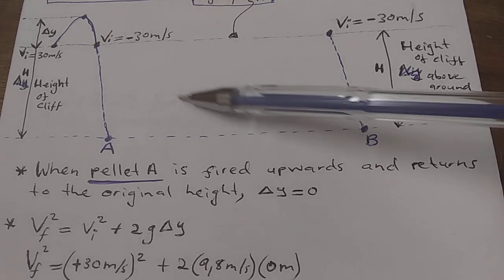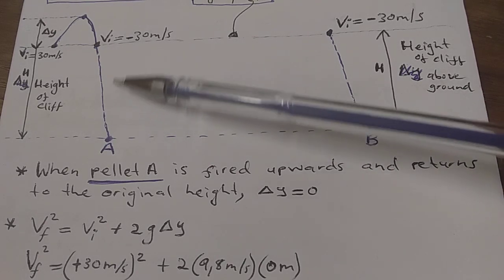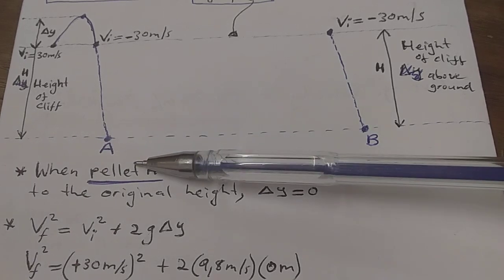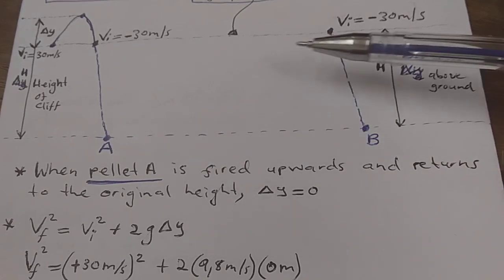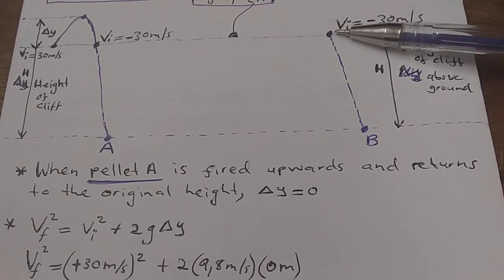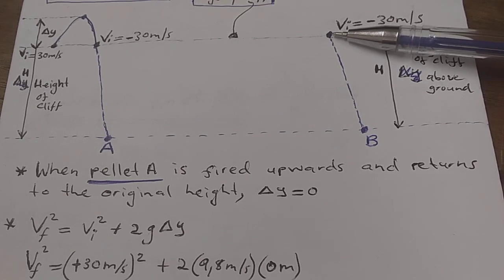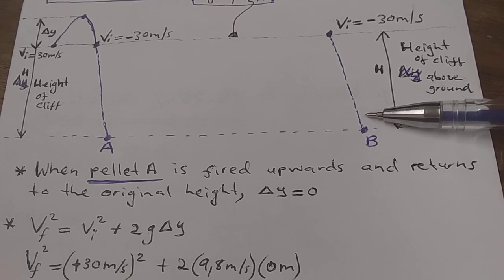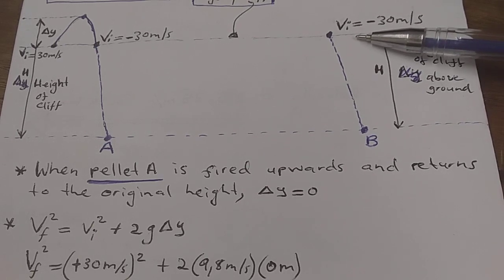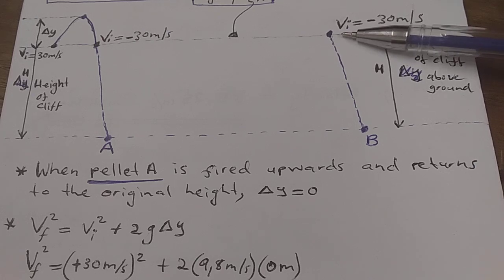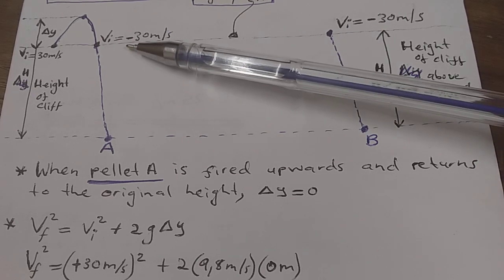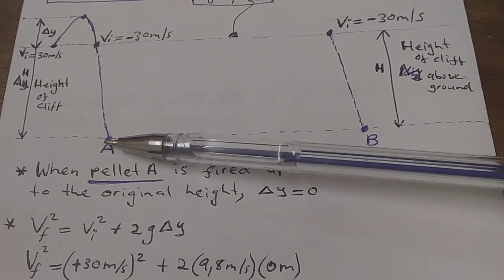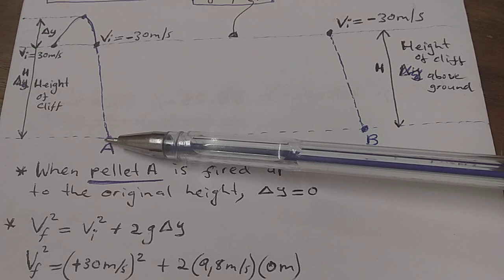Okay, which implies that the time taken from the cliff to the ground for pellet A is the same as the time taken for pellet B to reach the ground, because the initial velocity for both pellets A and B as they move from the cliff to the ground is the same.